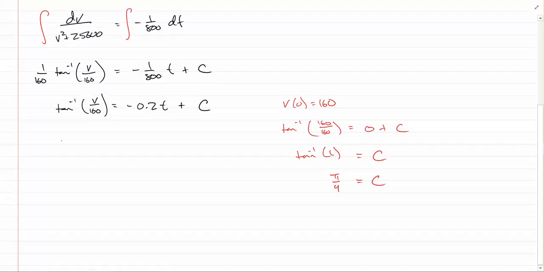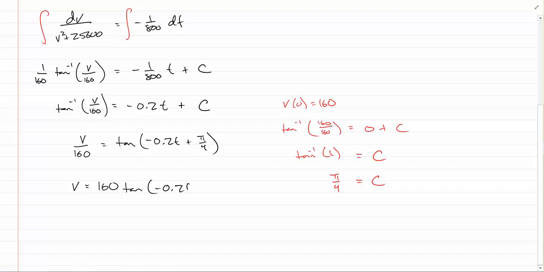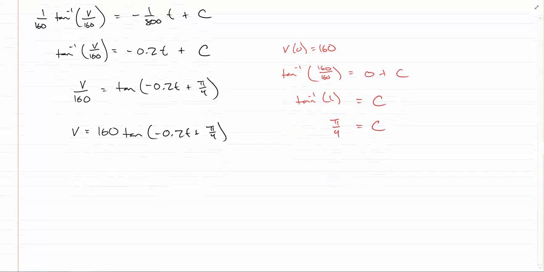So c is pi over 4, and I can plug that in. I can also get rid of the inverse tangent on the left by making it a regular tangent on the right. That's what my equation looks like now, and then you can get v by itself by multiplying both sides by 160. So that's the velocity function.